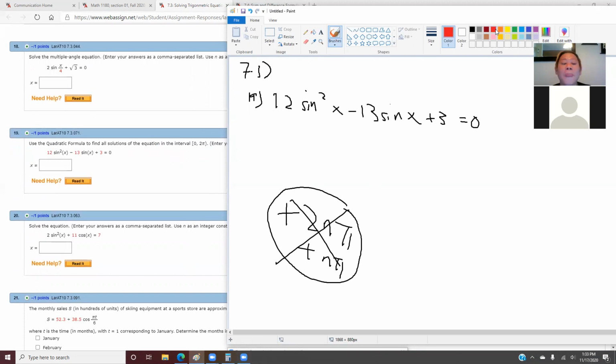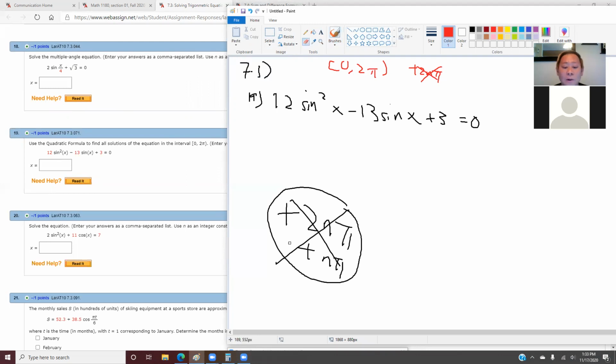Doesn't include that. So this is what you guys need to know: if a question is asking for the interval between 0 to 2 pi, you do not need to use the 2n pi, so you have to put it in that form. But if the question, like number 18 or number 20, doesn't say anything about the interval 0 to 2 pi, then you use the 2n pi.